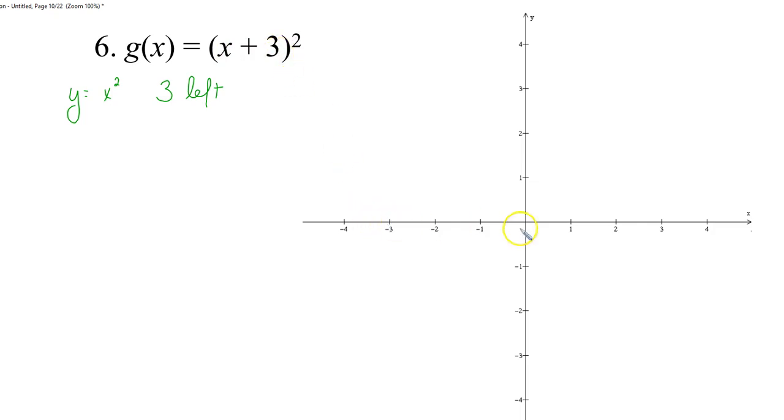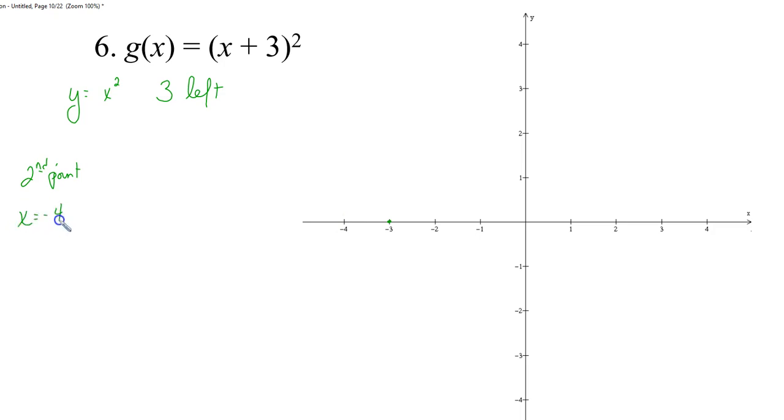So rather than turning at 0, 0, it's going to have its turning point at -3, 0. For this one, you may want to pick a second point, because this is the one that you might actually have to graph. Once you figure out the turning point, I would select -2 or -4, usually 1 unit to the left or 1 unit to the right.